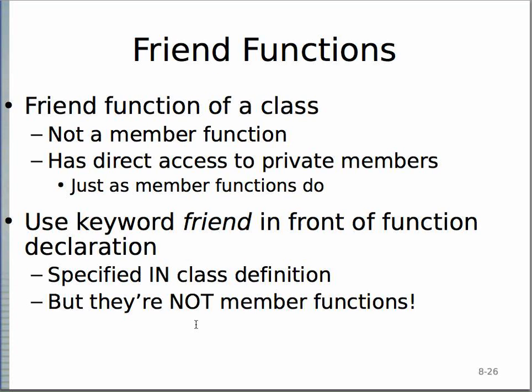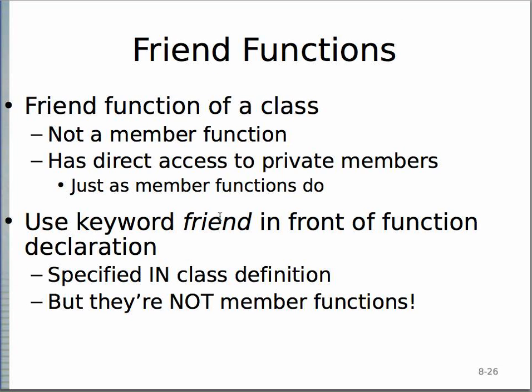Okay, so friend functions of a class are not member functions. They're outside, they're sort of standalone, but inside the class we declare them as friends, and then these standalone functions have direct access to private data members, just like member functions. The way to do this is to use the keyword friend.